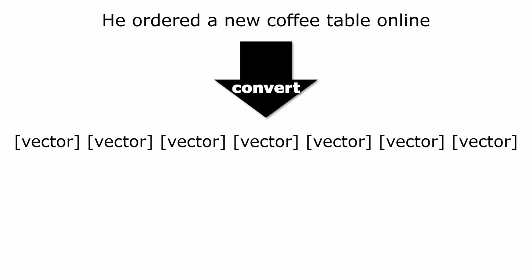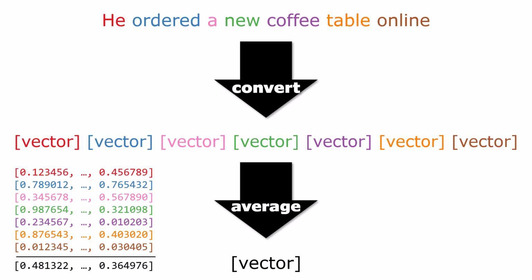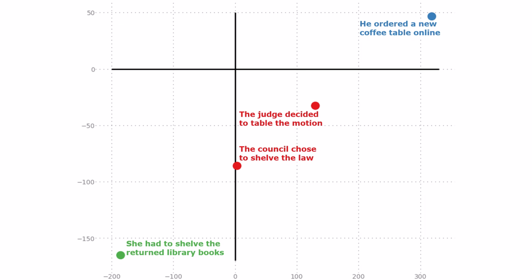While the model generates a vector for each of the 7 words in this sentence, it distills the meaning of the entire sentence into a single vector by computing an average for each of the dimensions. I used dimensionality reduction on the vectors for 4 sentences so I could plot them. 2 of the sentences contain the word table, and 2 contain the word shelve.